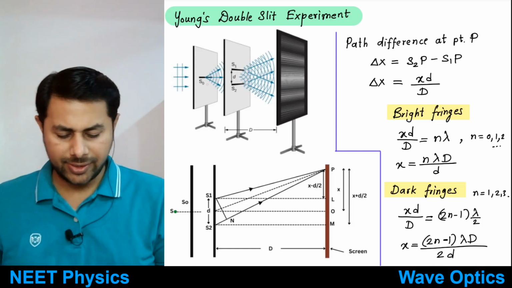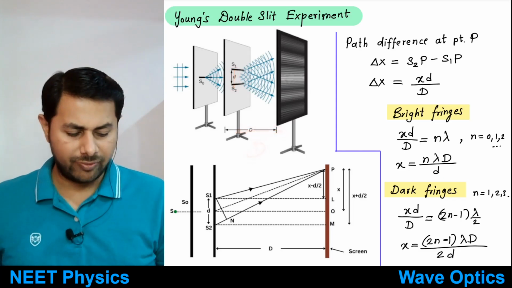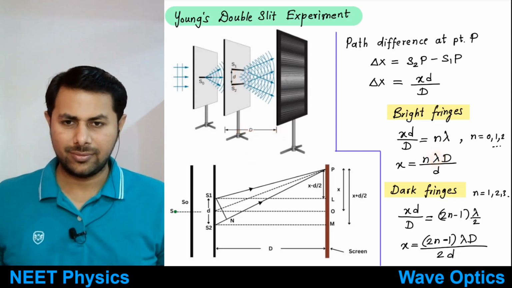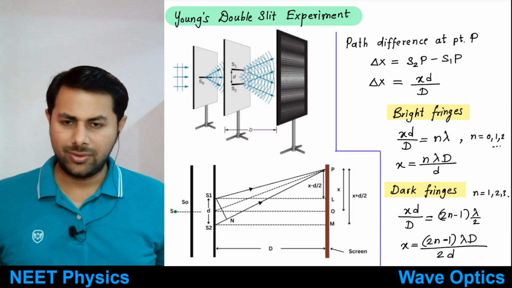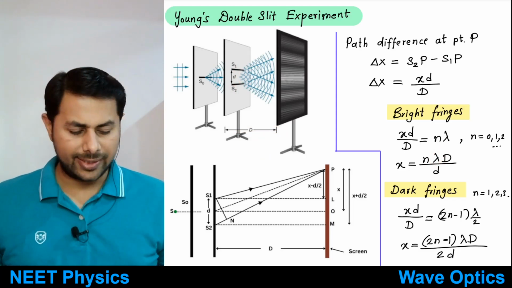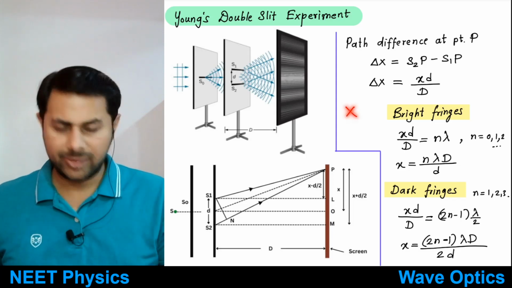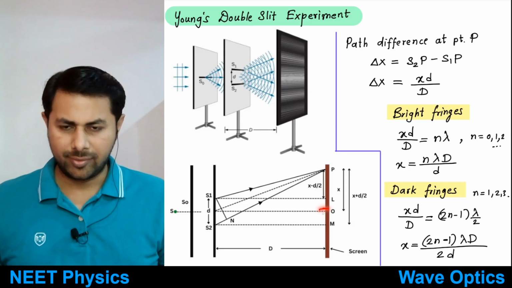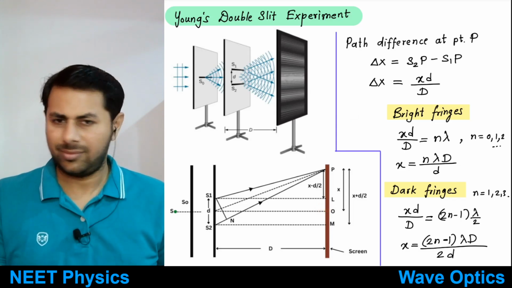Will small d change? It will not change. Will the capital D change? It will not change. Will the lambda change? Lambda will change, right? Yes, wavelength will change. Wavelength is different in different media, and that's why the distance of these fringes from the center and also the fringe width will change if you change the medium, right?